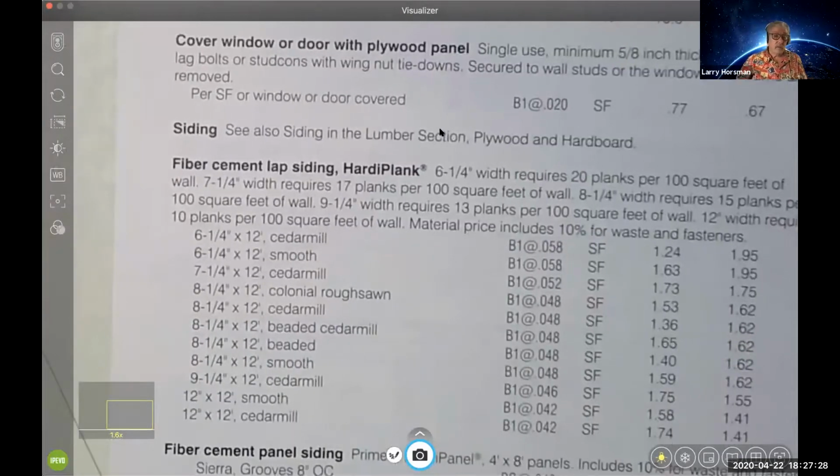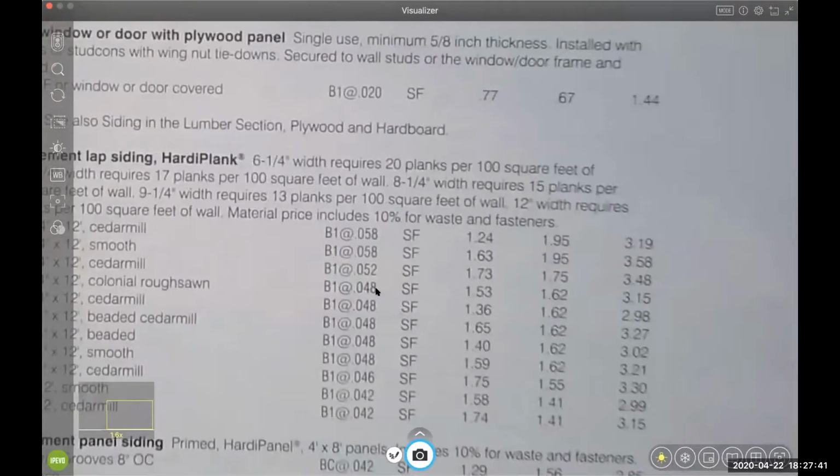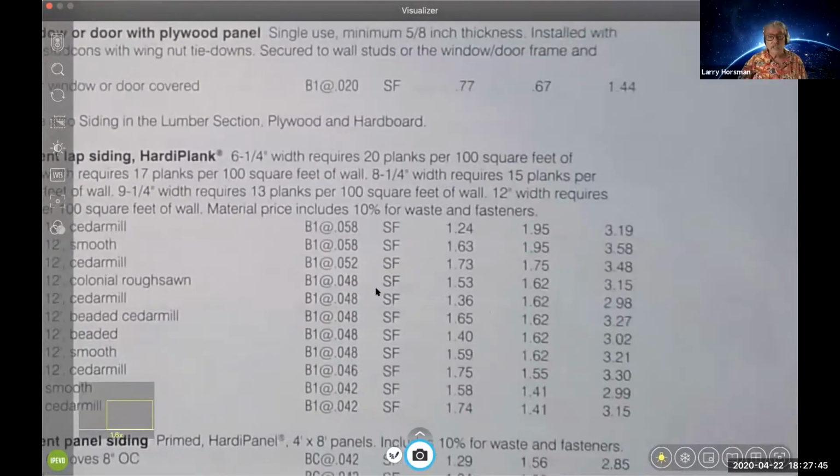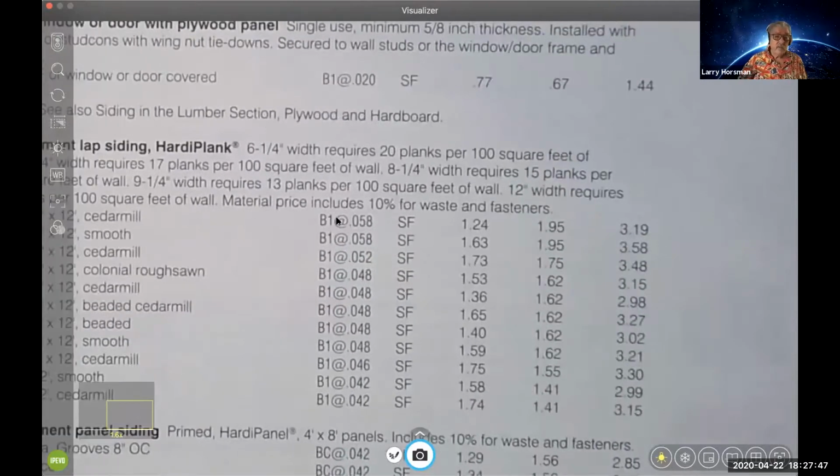And so whether it's cedar mill smooth, the colonial rough sawn, all of that stuff, normally I'd want to get some local prices if I was going to price it myself. If I'm going to subcontract it, I just want a general idea. They have some crews and productivity, but you can see the price varies from some cheaper stuff to some more expensive stuff.